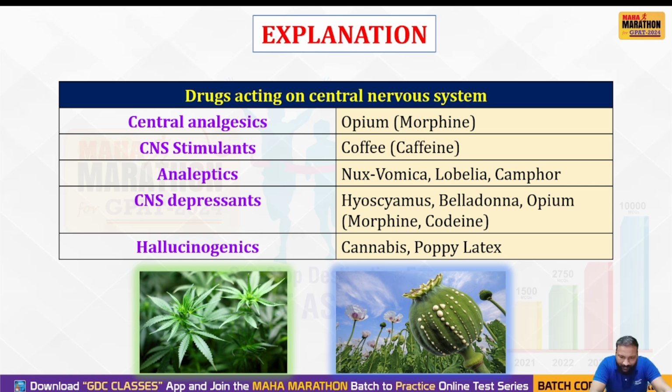This is a poppy capsule where we make some incisions with needles so that it releases latex. That latex is collected and dried, and further processed to get morphine, codeine, thebaine, noscapine and all these things. Clear? And this is cannabis.